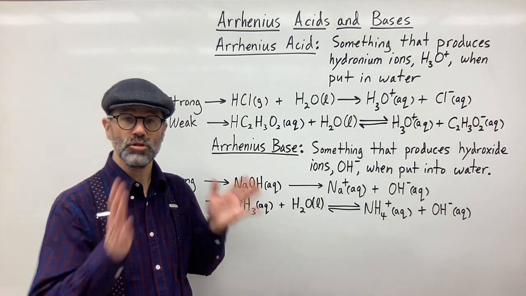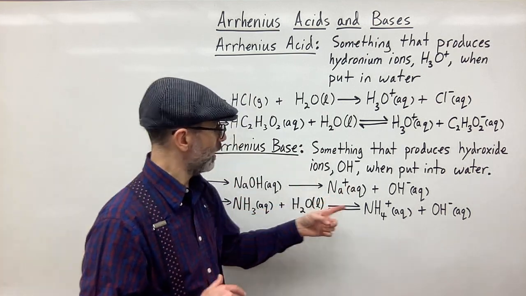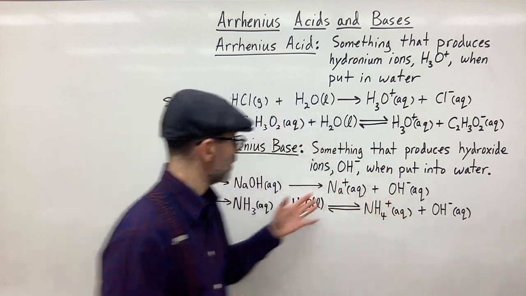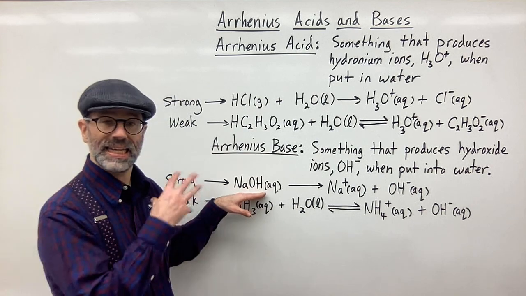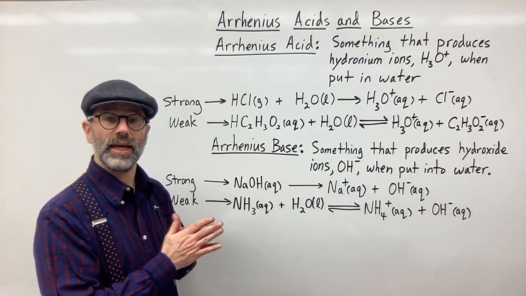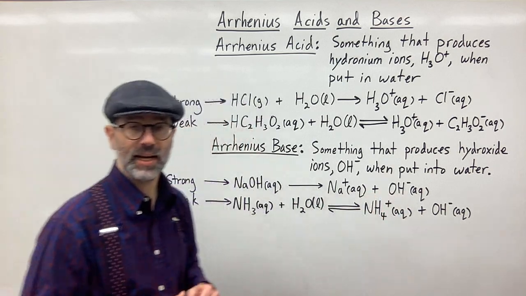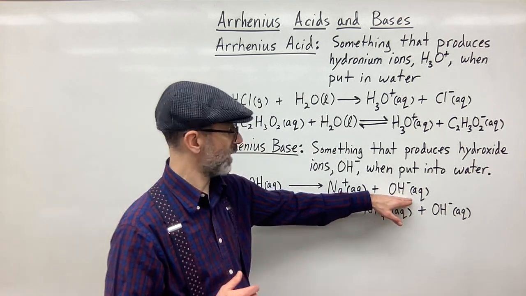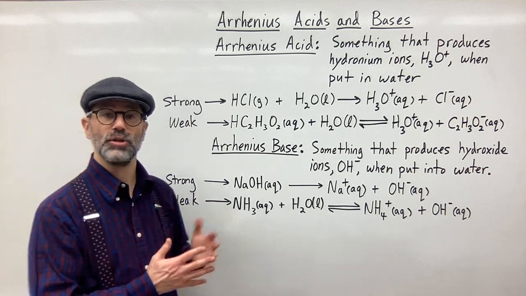It's going to dissociate into its ions, sodium ion and hydroxide ion. And so in this case, because it contains the hydroxide ion in the formula, when it dissociates in water, it's producing the hydroxide ion in water. So aqueous hydroxide ion is produced. Therefore, this is a base according to the Arrhenius definition.